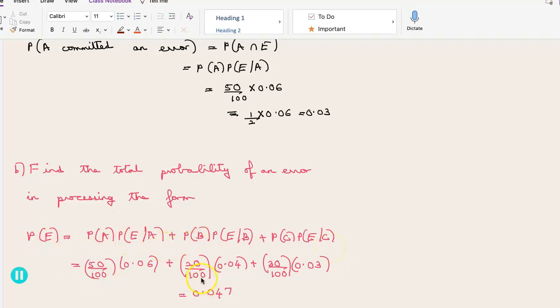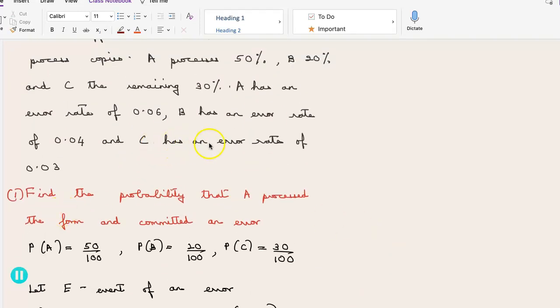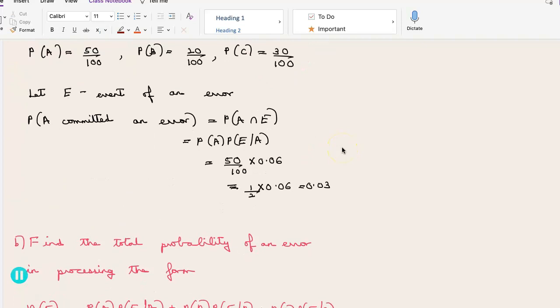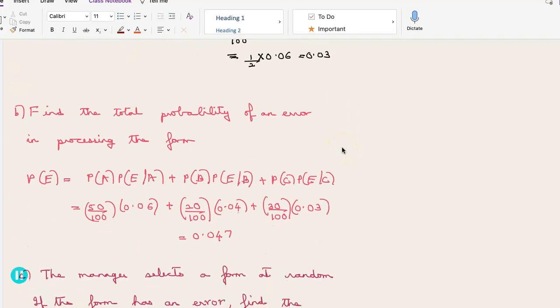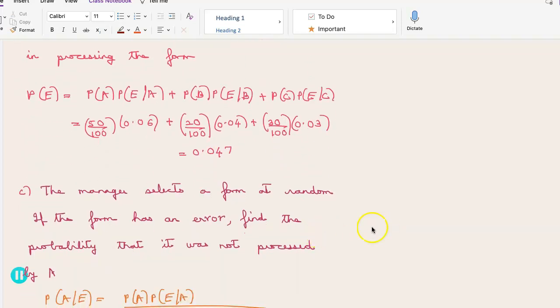Probability of B is 20 by 100. Probability that there is an error given that B processed it is 0.04 and probability that there is an error given that C processed it is 0.03. So substituting these values you get 0.047.